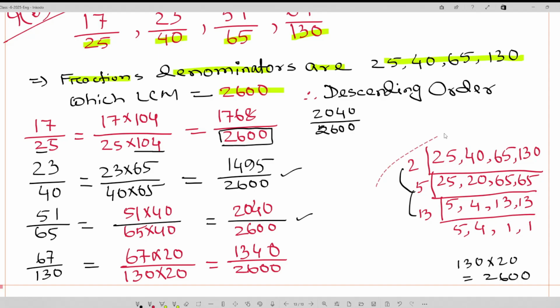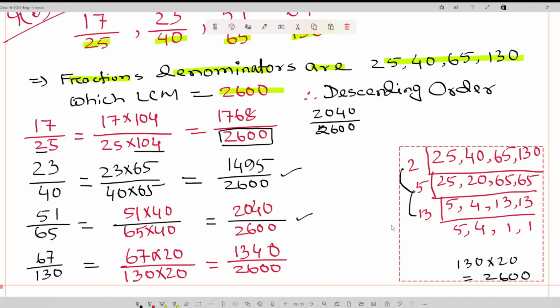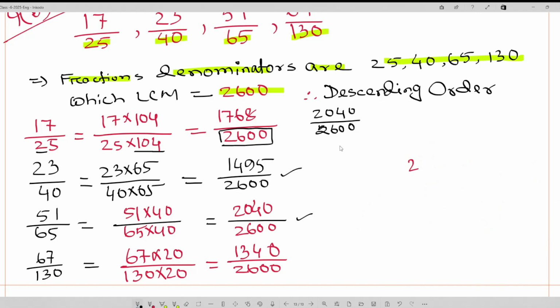Because we know if the fractions' denominators are the same, then if the numerator is larger, that fraction is also larger. So then less than that, which one is second largest? 1768 by 2600. Then third largest is 1495 divide 2600, and finally 1340 is the smallest one.